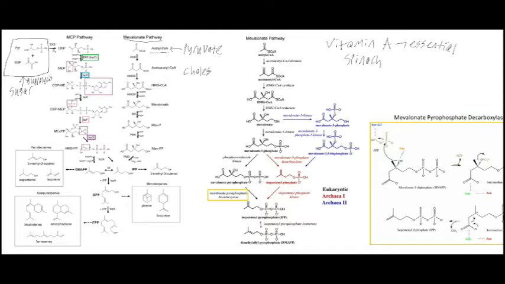And so I will save this for a later video when we talk about cholesterol. For instance, this HMGR, which is HMG-CoA reductase. If you take statins for cholesterol, this is the enzyme that it is affecting. This is the enzyme it's inhibiting.